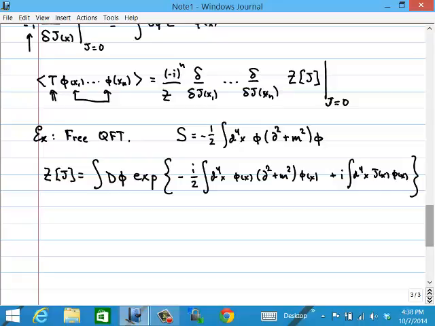Okay? So morally speaking, you want to think of this term here as so let's say that you have, instead of an infinite number of variables phi of x, a finite number of variables that we were calling qi.